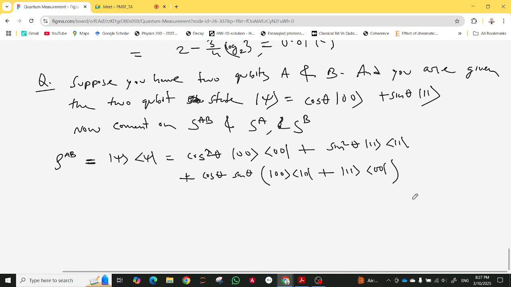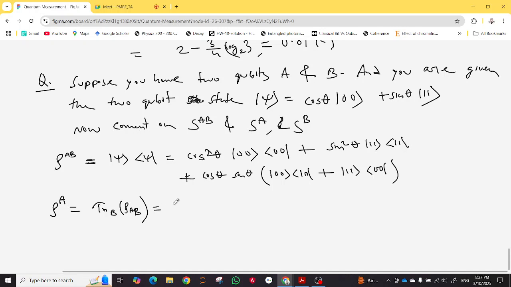Now you calculate rho A. You have to take the partial trace then, right? So rho A means what? Trace over B of rho AB, right? This is the partial trace formula, you know.